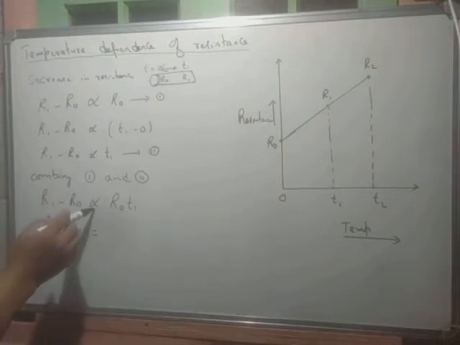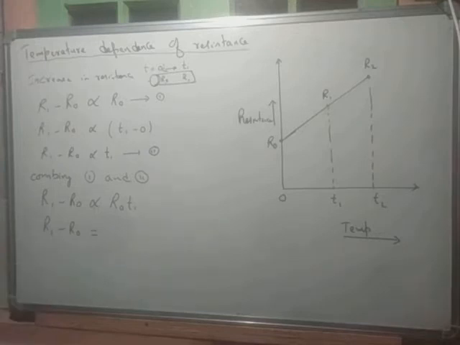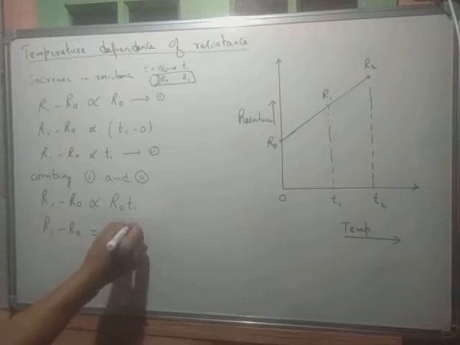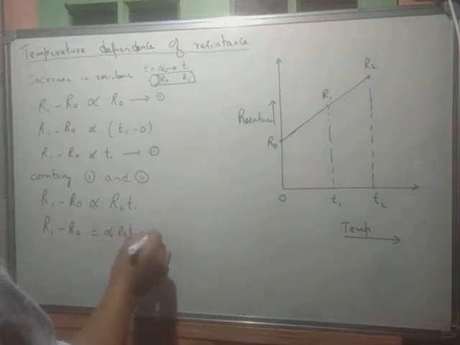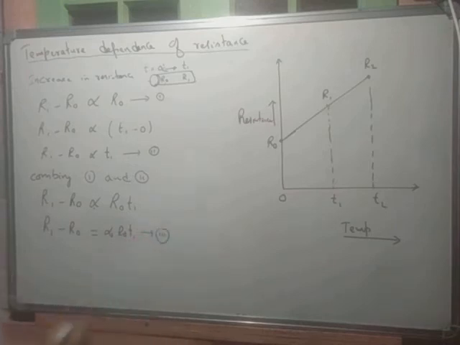If you remove this proportionality sign, then you have to write some constant, and the constant here is alpha, times R0 times T1. So this alpha here is the temperature coefficient of resistance.